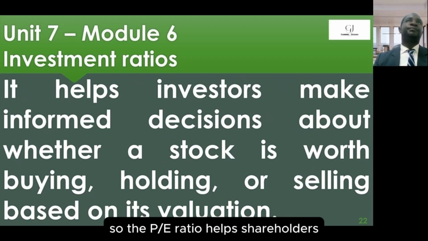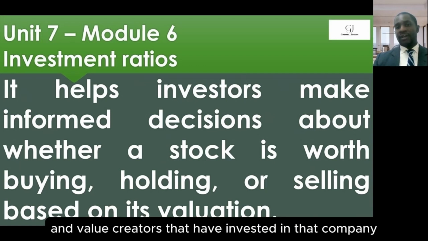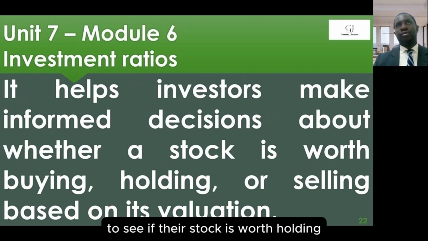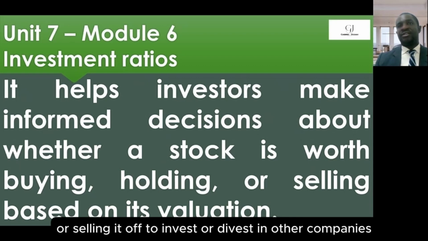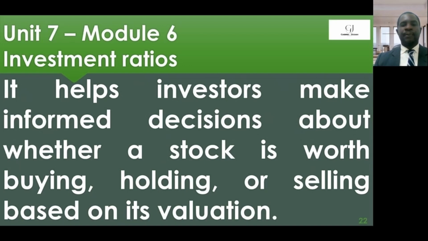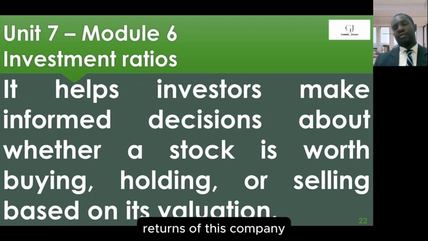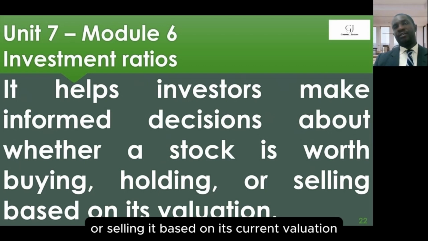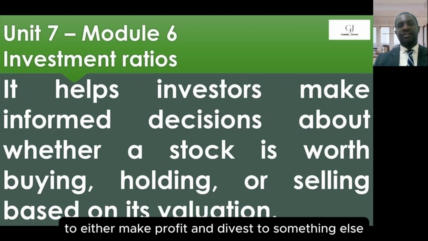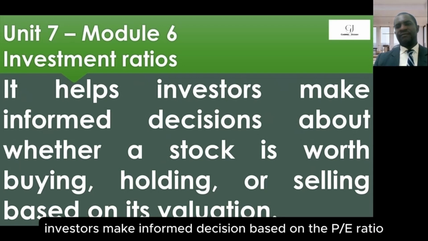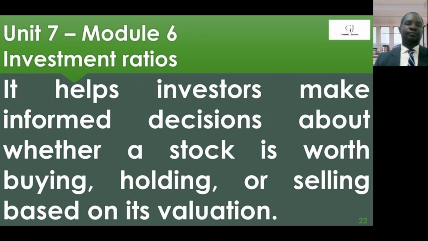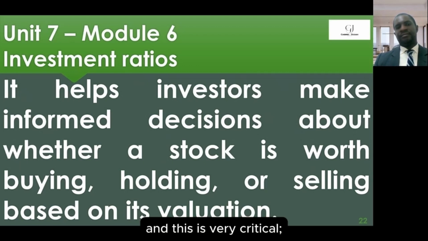So the PE ratio helps shareholders and value creators that have invested in that company to see if their stock is worth holding in the short and the long run, or selling it off to reinvest or divest in other companies. To hold the stock, look at the earnings potential and futuristic returns of the company, or sell it based on its current valuation to make profit and divest to something else. So investors make informed decisions based on the PE ratio, and this is very critical.